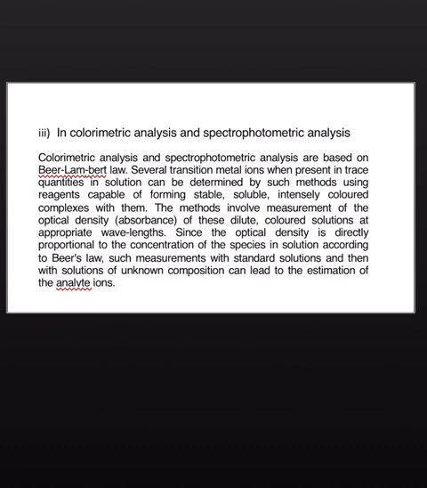The method involves measurement of the optical density of this dilute colored solution at an appropriate wavelength. Since the optical density is directly proportional to the concentration of the species in solution according to Beer-Lambert's law, such measurement with a standard solution and then with a solution of unknown composition can lead to estimation of the analyte ion.